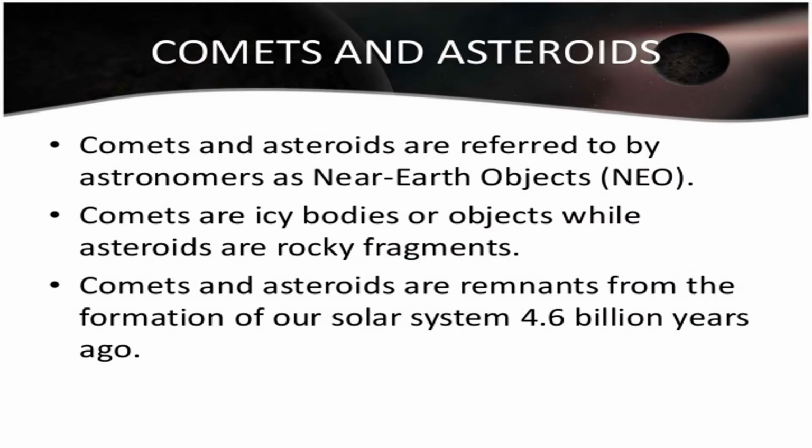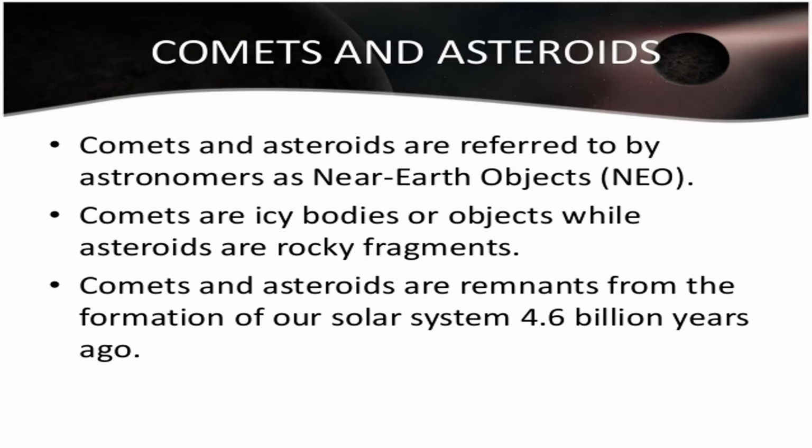Okay? Now, we have to know what is a comet and of course the asteroids and the meteorites and how they differ from each other. Okay, so comets and asteroids are referred to by astronomers as near-Earth objects.